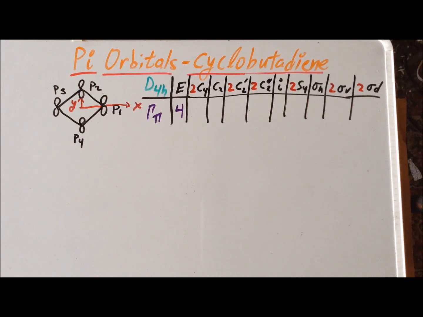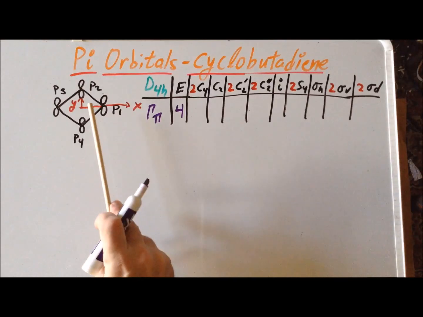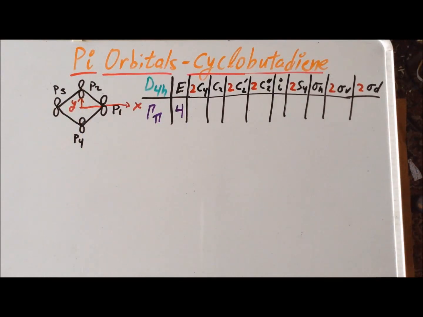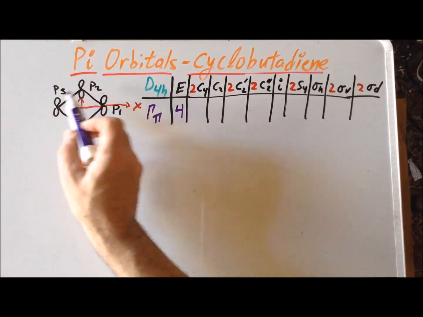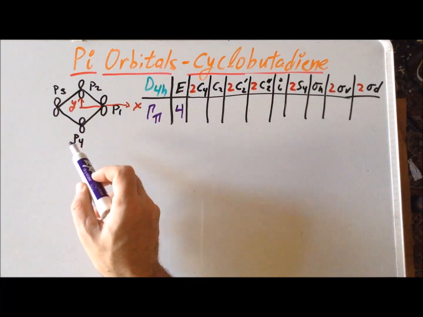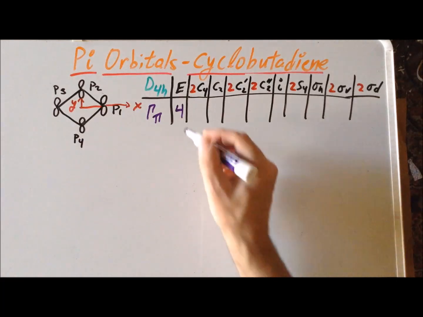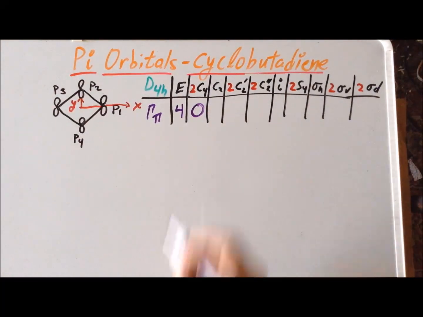For the C4, we notice that we have a high-order rotation axis. So C4 would take p1 to p2, p2 to p3, p3 to p4, p4 to p1, so none of the orbitals stays in position for the C4.